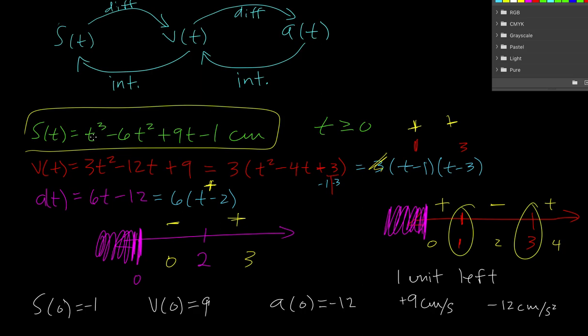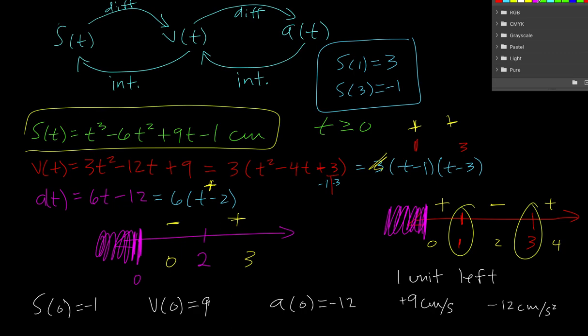So if I plug in a 1 for all these t's and then simplify it, just use a calculator when you do it, but I'm not going to go through actually doing it. We get a 3. Then if I take a 3, plug it in for all these t's, use a calculator, we end up with -1. So those are the positions when it changes direction.